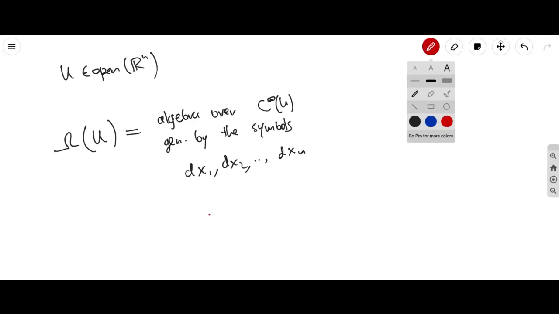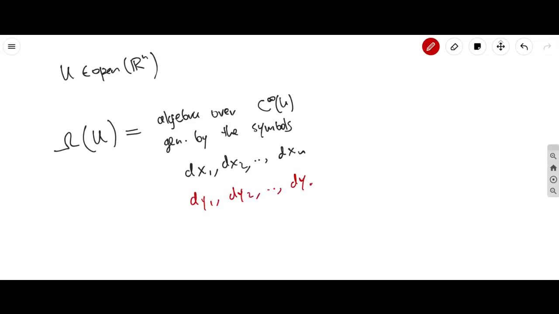You can also use different letters, so you can call it dy1, dy2, dyn. It does not really matter what letters you use, but the number of generators that you need has to match the dimension of the Euclidean space, and satisfying some rules, which we're not going to write down again.